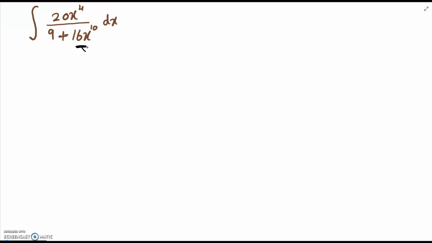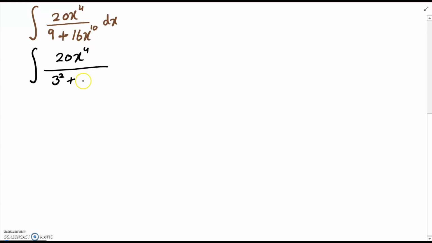Okay, so now look what I will explain to you. What you can do in this question is simplify it first. How? Now look at this. Integration, keep the numerator as it is, over, can I write 9 as 3 squared? Right? 3 squared is 9, plus 16x to the power of 10.